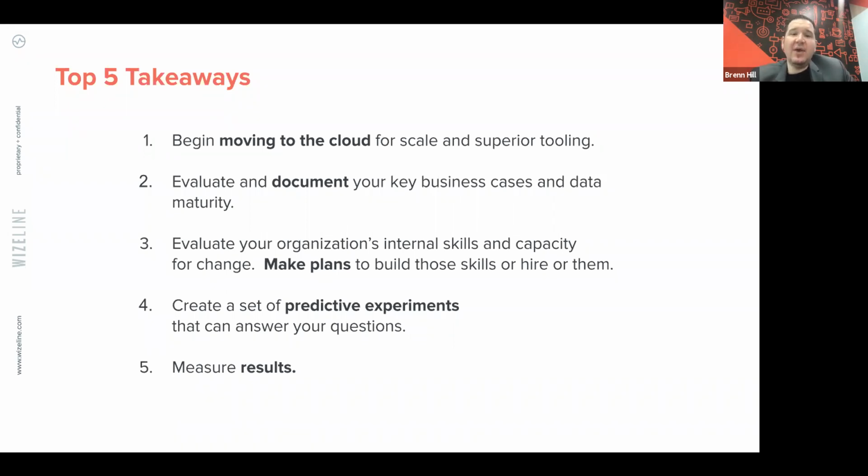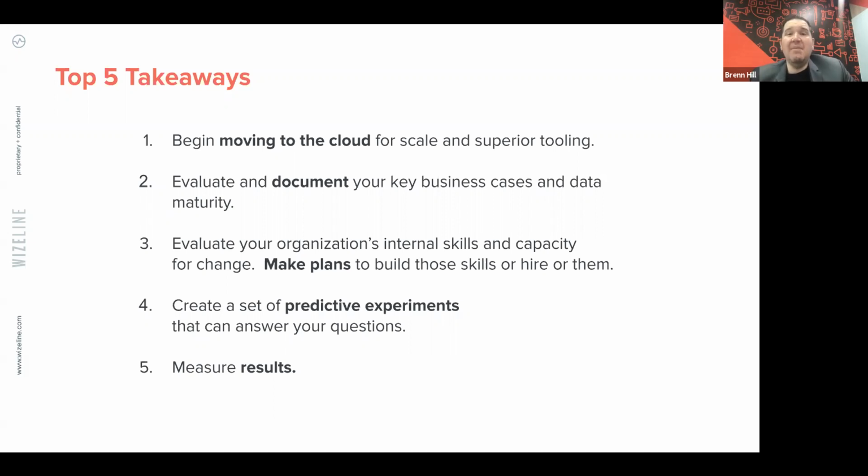And then evaluate and document your key business cases and data maturity, so you can find that low-hanging fruit. And just know where you stand so that you can also track your project progress. Evaluate your organization's internal skills and capacity for change. Make plans to build those skills or hire them. Create a set of predictive experiments that can answer your key business questions, and then start running them.